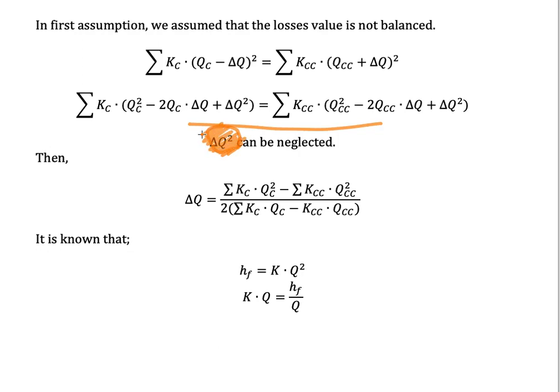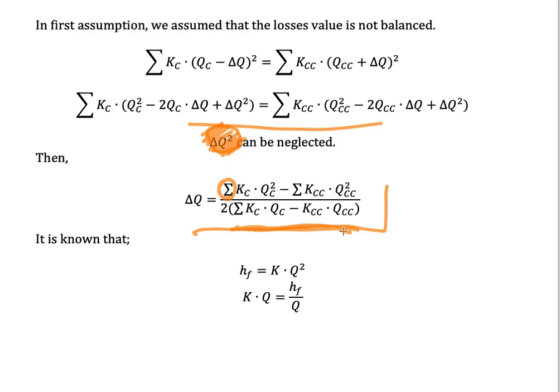Then we could rewrite the equation like this. We have delta Q equal to sigma, the total of Kc Qc squared minus Kcc Qcc squared, divided by 2 times sigma of Kc Qc minus Kcc Qcc.